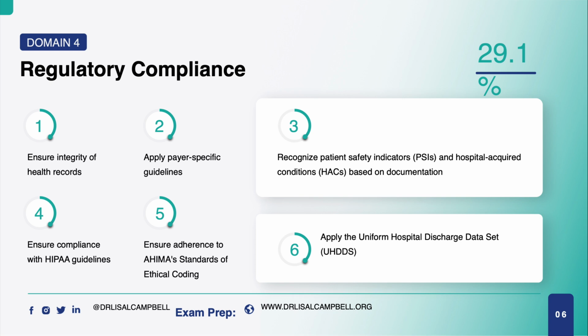Remember in domain maybe 1, we talked about present on admission indicators. Well, here's the deal. Hospital-acquired conditions are the conditions that were acquired at the hospital. So they weren't POA.